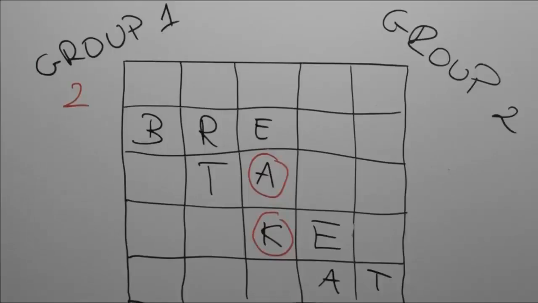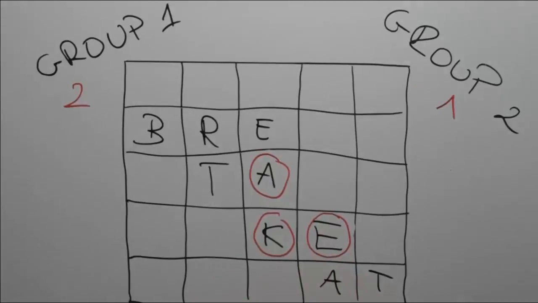And in this way he gets 1 point for his group. Why? I will repeat that. Because we count the letters that are already on the board, not new letters that we write. Okay, so these are the basic rules of this game.